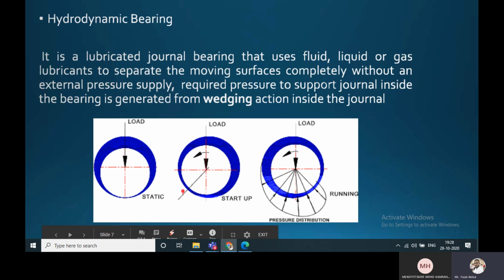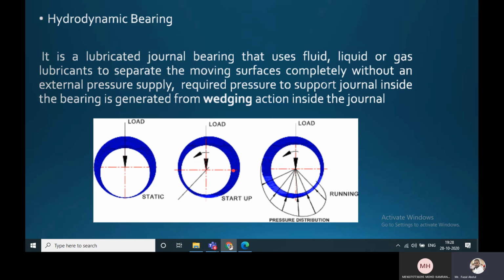See this one. After a few seconds of starting, the position of the shaft is going to shift like this. After a few seconds, it will go like this. After a few seconds, the shaft is going to be located centrally, because in the lubricating oil, pressure is going to build up.